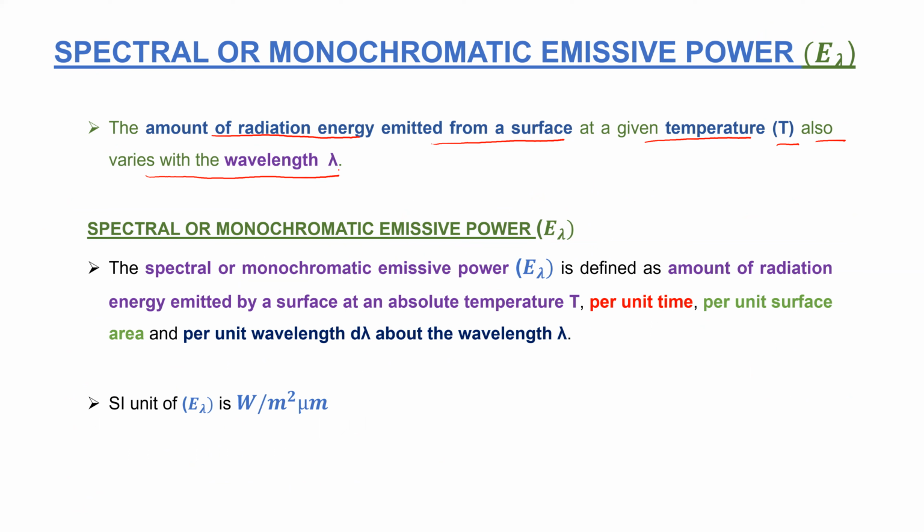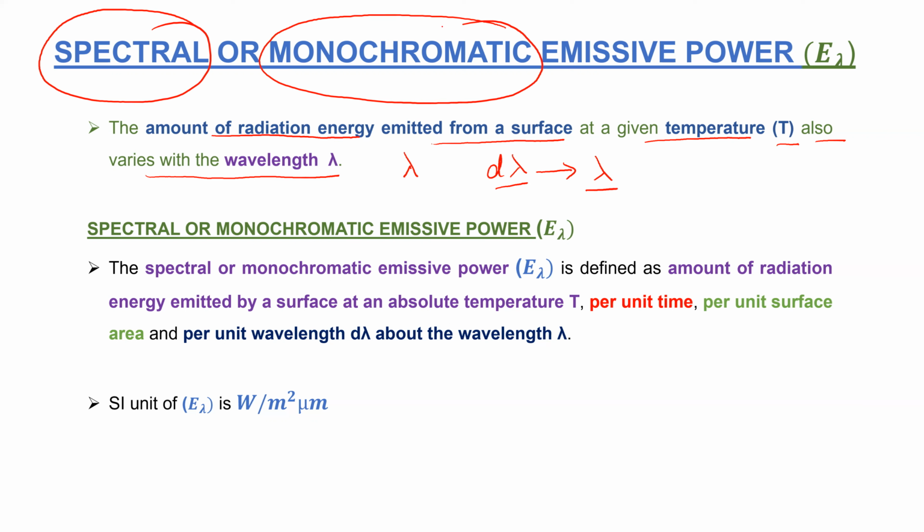If we focus our attention on a particular value of lambda, then the energy emitted by the surface in a particular range of wavelength d lambda around lambda will be known as the spectral or monochromatic emissive power. Spectral or monochromatic relates to the wavelength of the energy emission.